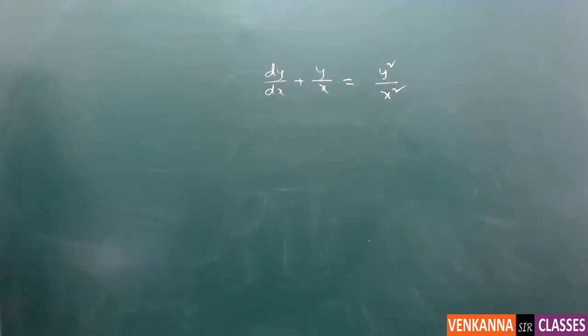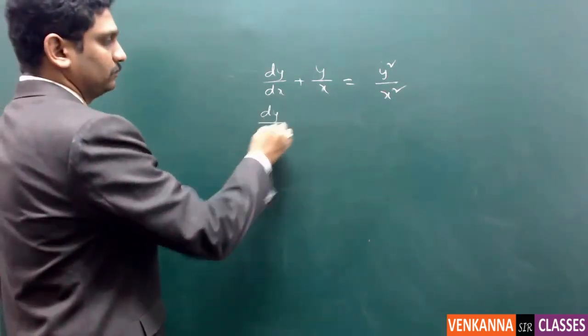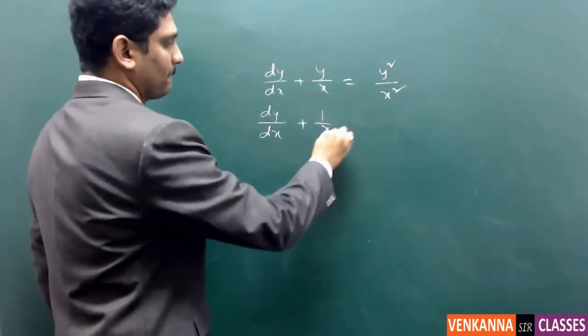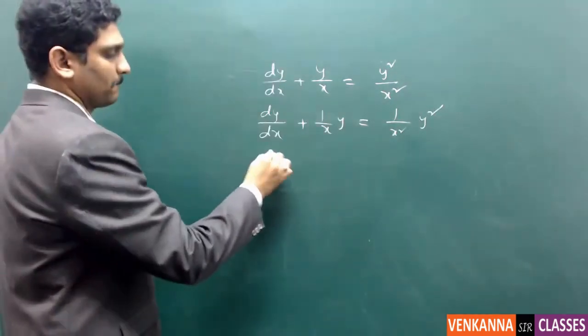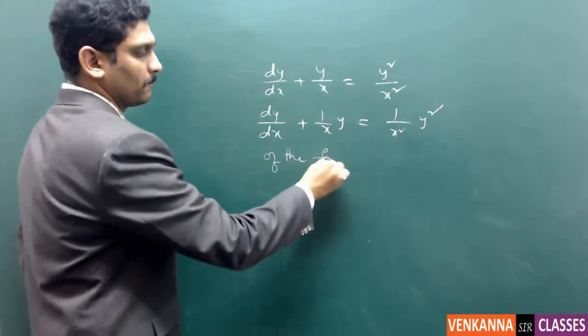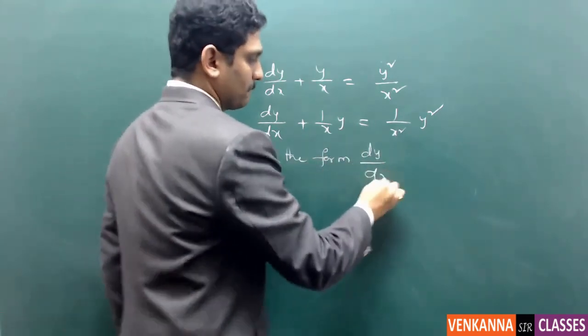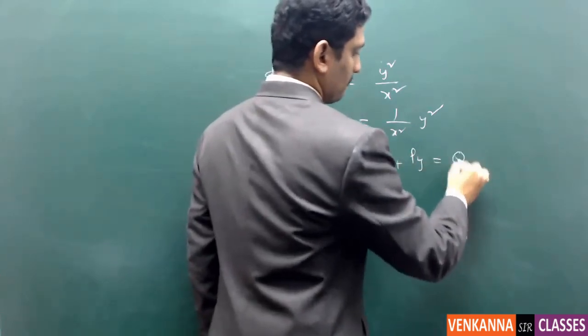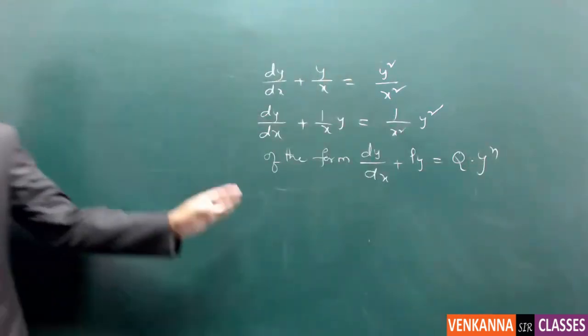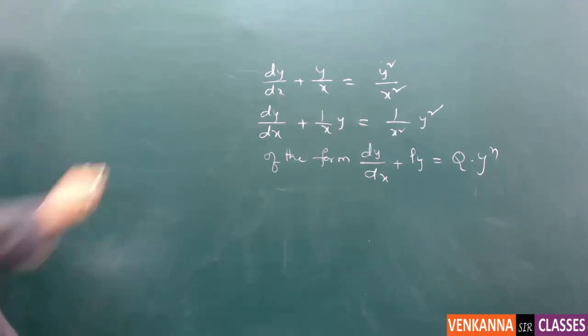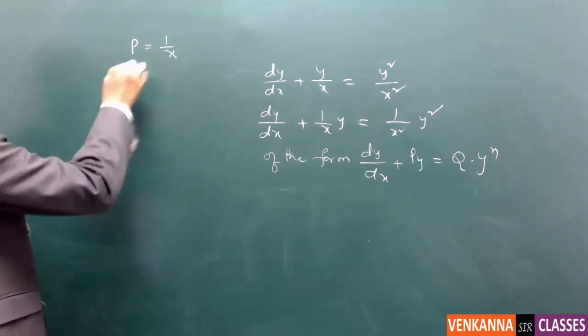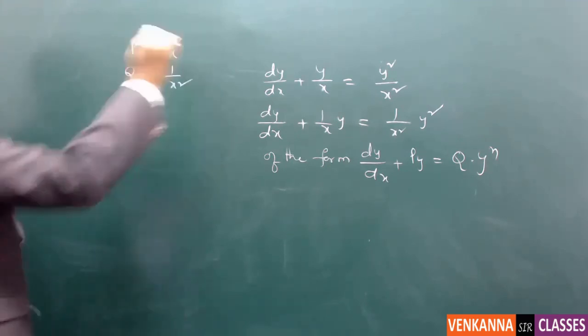Now I am going to write it as, so it is a Bernoulli equation. Please take a note of that. So here p is equal to 1 by x and q is equal to 1 by x square. Fine.